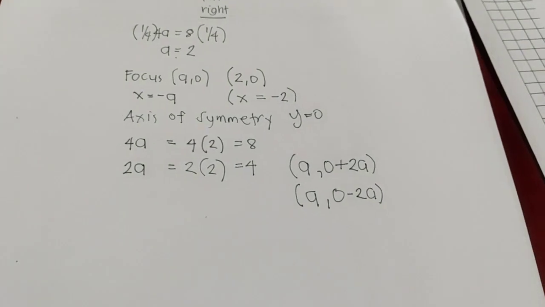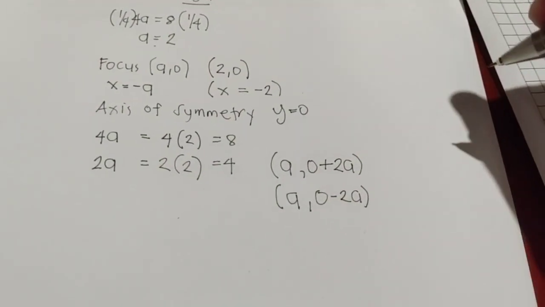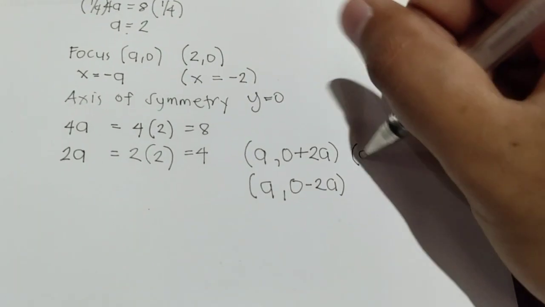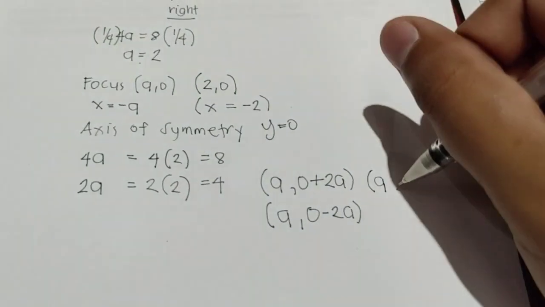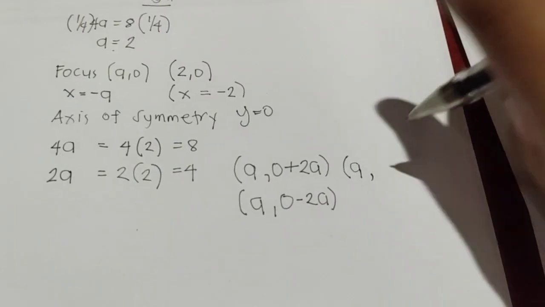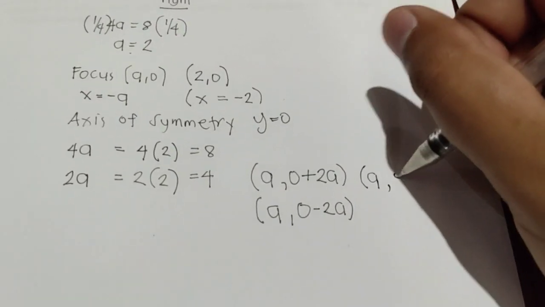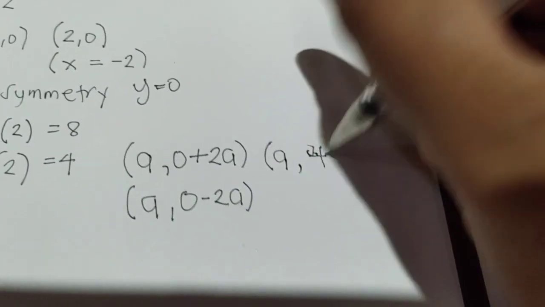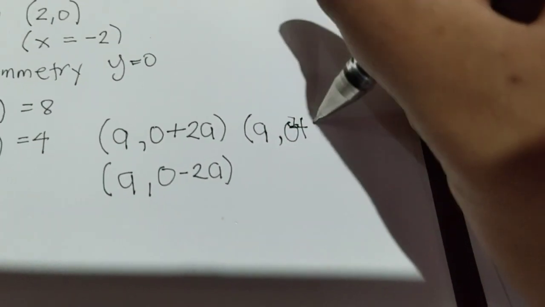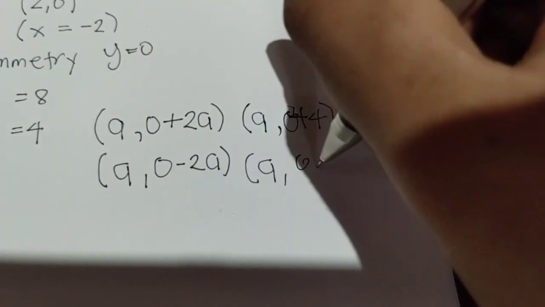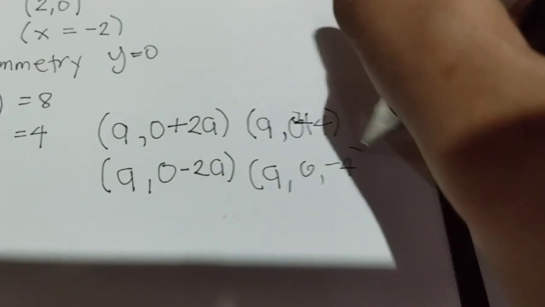So the endpoints of the latus rectum of this parabola are (a, 0 plus 4) and (a, 0 minus 4).